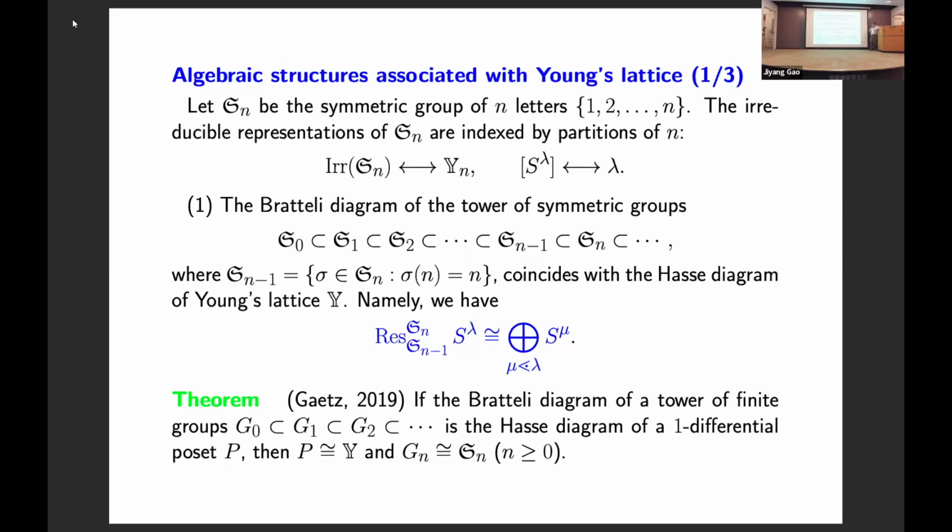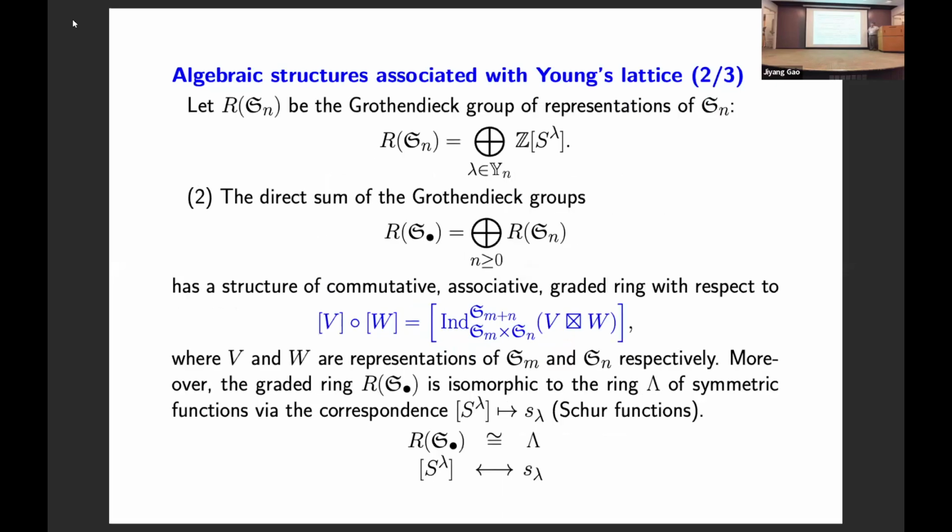So the next algebraic structure is symmetric functions. Okay. So let R(S_n) be the Grothendieck group of the representations of S_n, that is a free Z-module with basis of the isoclasses of the irreducible representations, and we consider the direct sum of these Grothendieck groups.